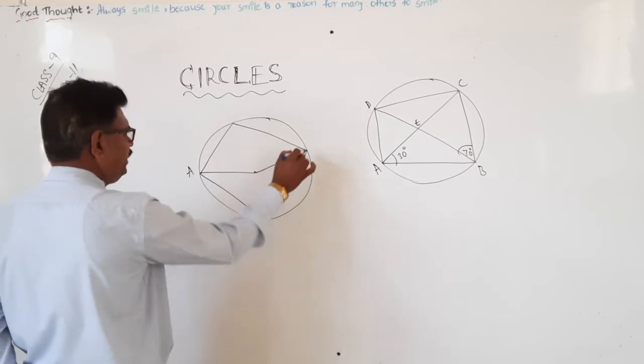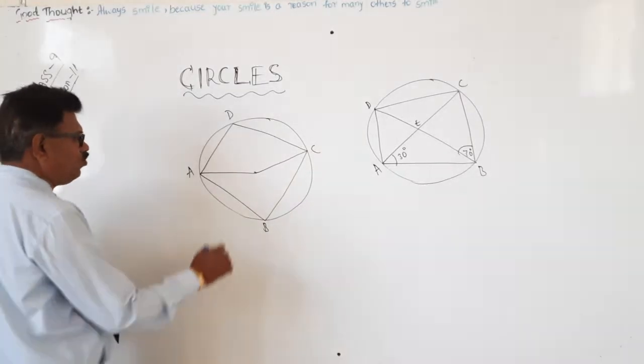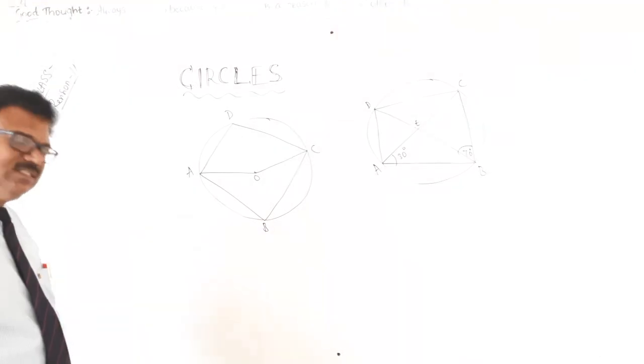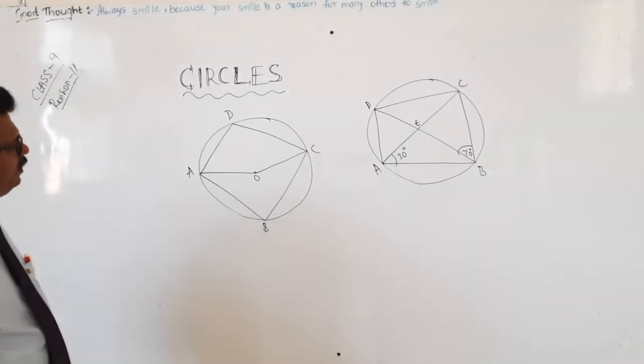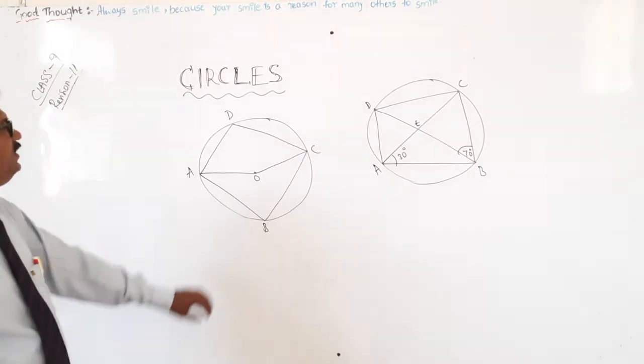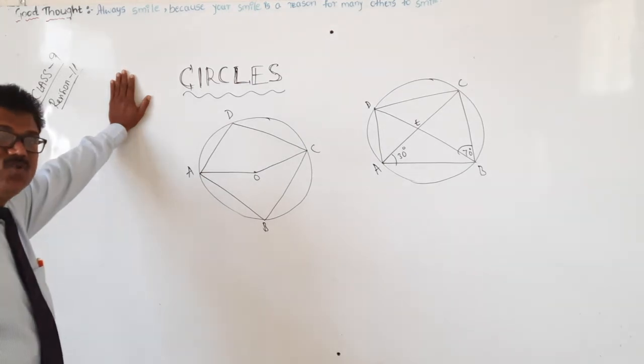ABCD is a quadrilateral. O is the center. Now, if the sum of the opposite angles is 180, then this ABCD is a cyclic quadrilateral.